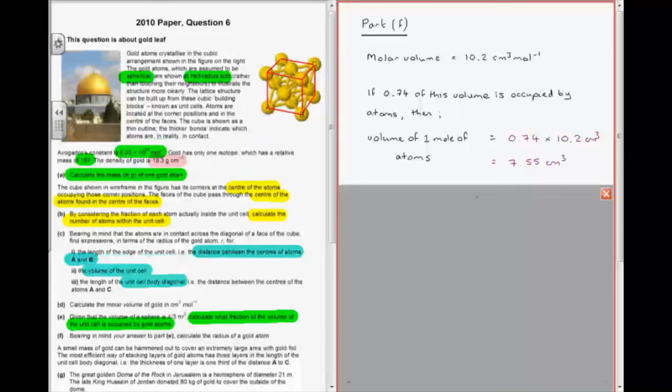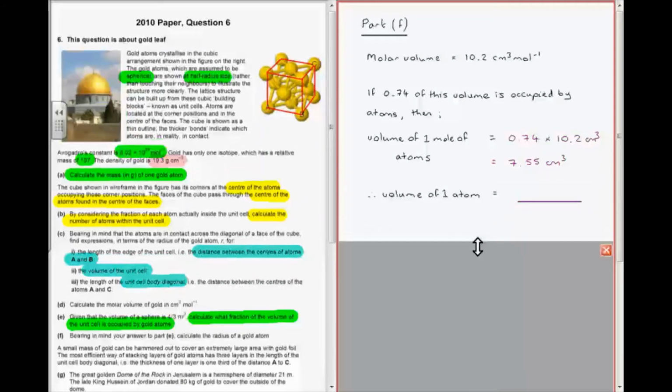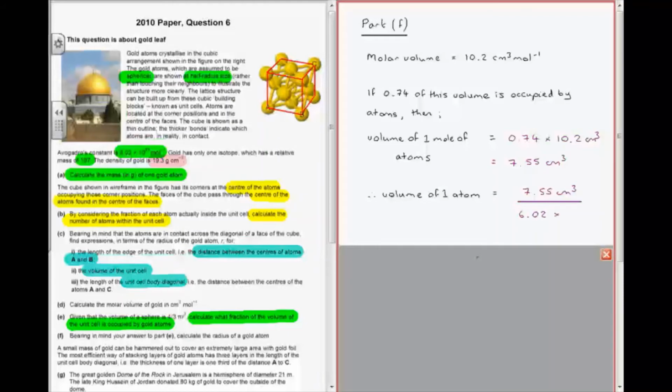Since 1 mole of gold atoms contains Avogadro's number of atoms, we can therefore calculate the volume of a single atom of gold by dividing our 7.55 centimeters cubed by Avogadro's number, which is 6.02 times 10 to the 23. And if we do this, we find the volume of a single gold atom to be 1.25 times 10 to the minus 23 centimeters cubed.